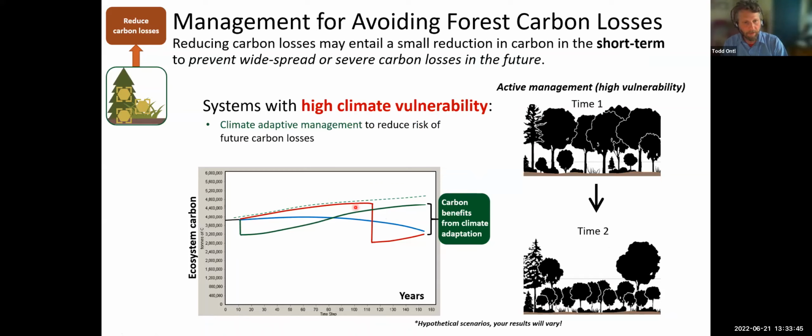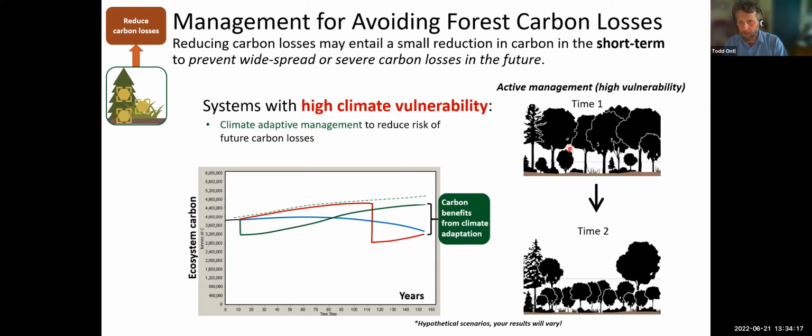Relative to those disturbance scenarios, we might think about some action that has an immediate loss in carbon because we've created an opportunity, say, for regeneration of future adapted species. We have maybe an immediate reduction in carbon in the system, but over time, that carbon rebounds as trees regenerate. And relative to what would have happened had we done nothing, we can see that there are carbon benefits that stem from that climate adaptation.